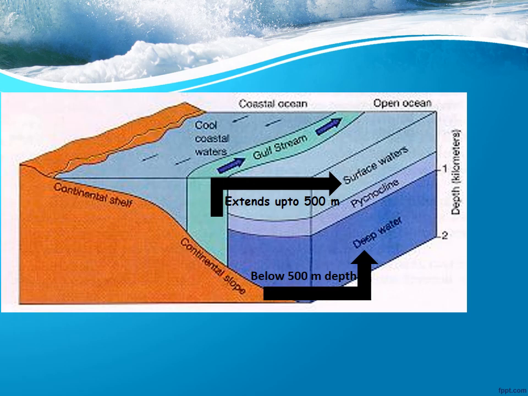Sunlight can reach till this depth. The movements in this layer occur mainly due to differences in temperature and salinity. The planetary winds give speed to the ocean currents.